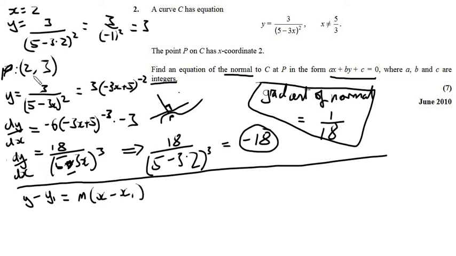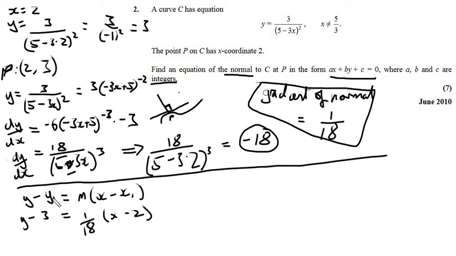So we just need to plug in the points 2 and 3 and the gradient. So we have y minus 3 is equal to 1 over 18 times x minus 2.